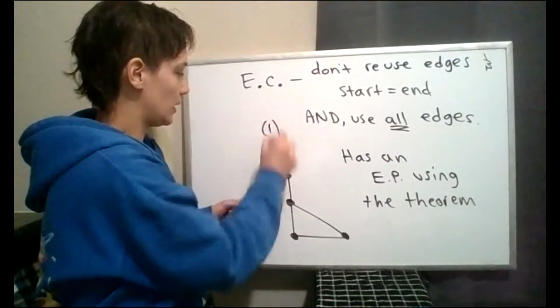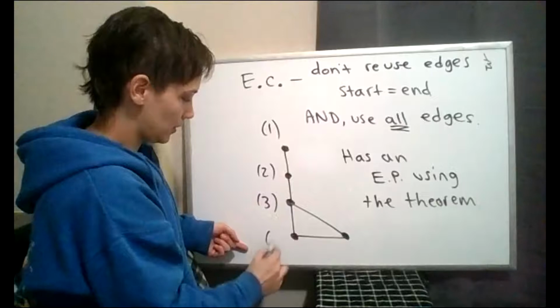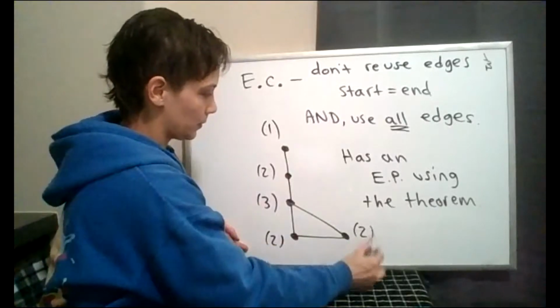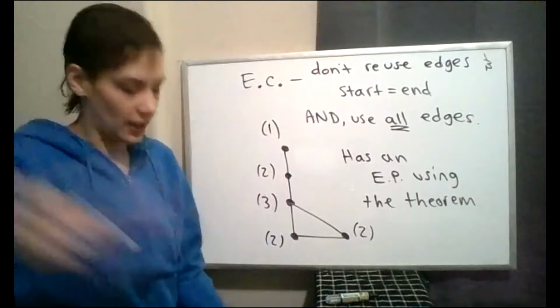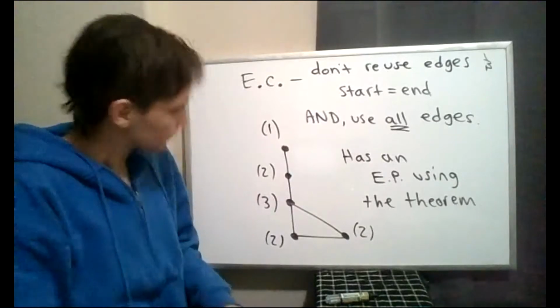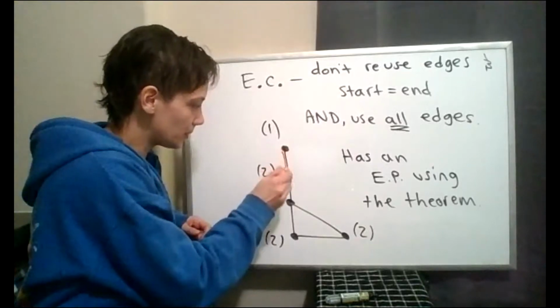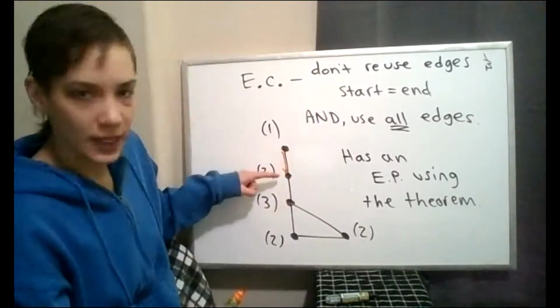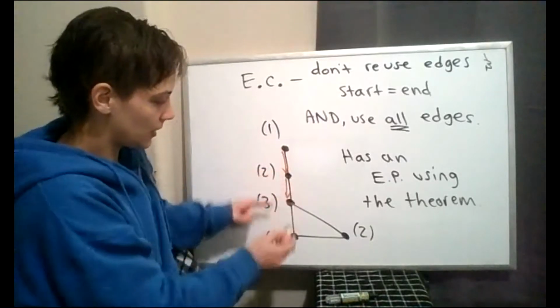Well, we'll just give it a try. Let's start at one of the odds. Let's just start at the top. Let's go from 1 to 2, or just straight down to the next vertex. The vertex is degree 3.